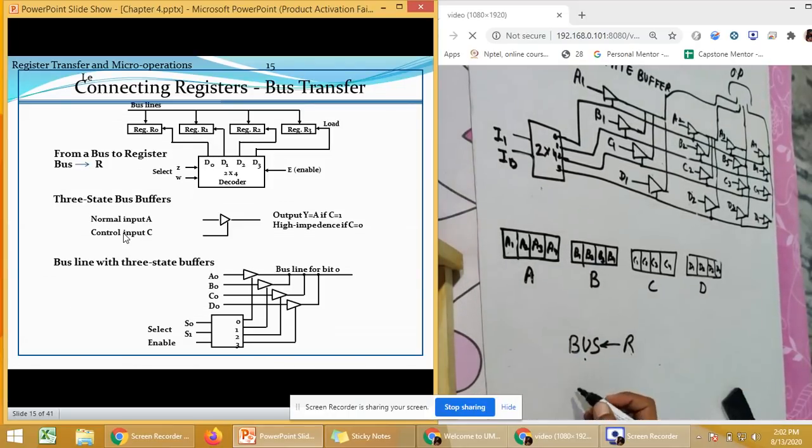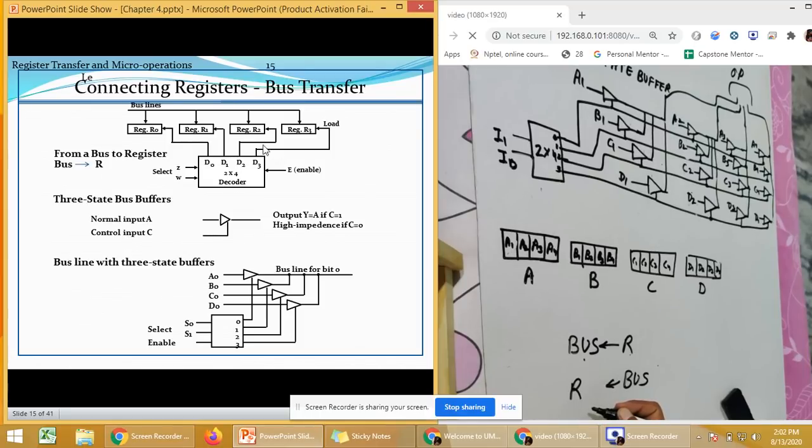The reverse of it: if you want to send the data from the bus to a register, how can we do that? It is simply by connecting a 2-to-4 decoder with the load lines of your registers, which you can see in the diagram as well. Okay, so you are simply connecting the decoder.